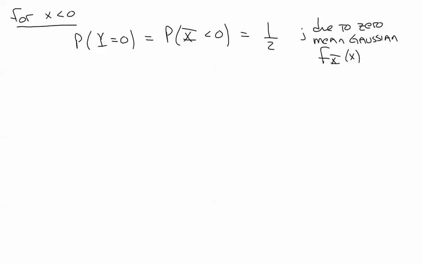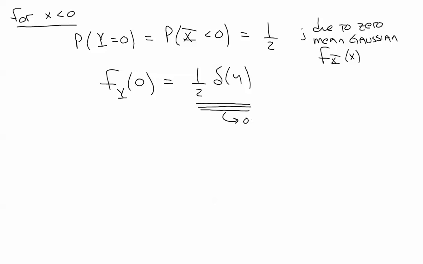So the way we handle this, and this is very important, the probability density function for y at 0 equals 1/2 times a delta function. What that means is this only has value at y equals 0.